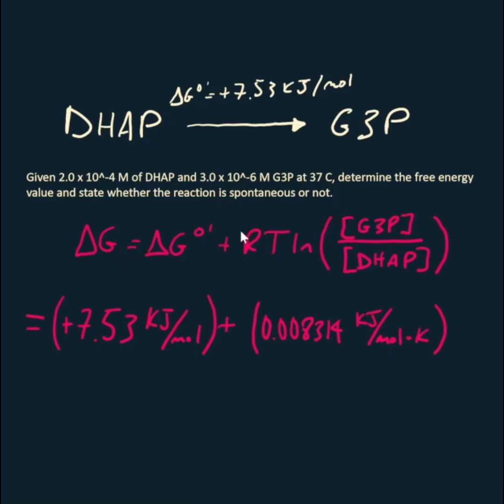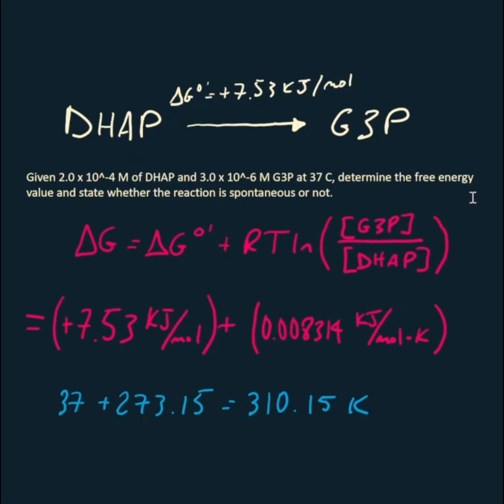The most common value for R is 8.314 joules per mole Kelvin, but as you can see, the theoretical Gibbs is in kilojoules, so we have to divide our R value by 1,000 to get kilojoules.